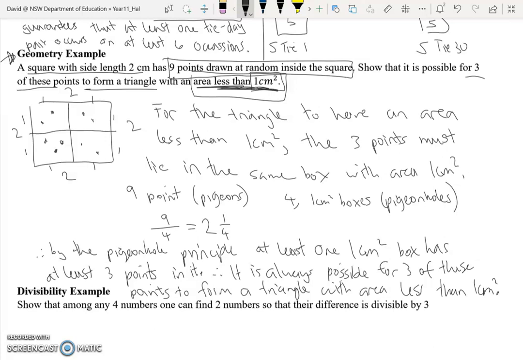Okay, so I've pretty much just rewritten the last sentence there.